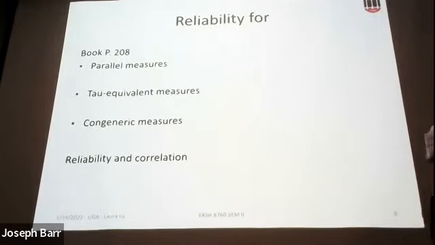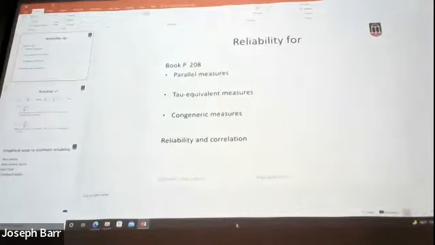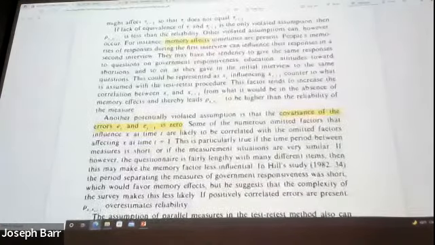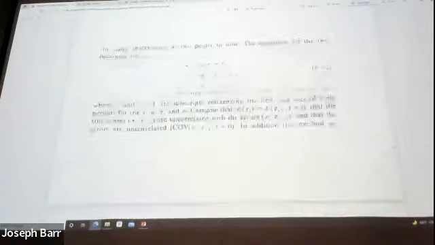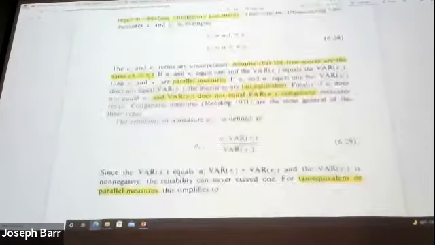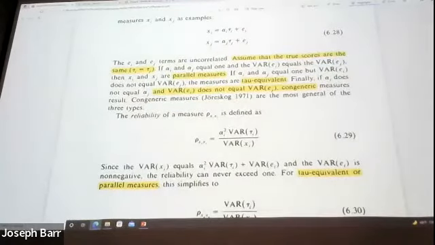Okay, let's look at the reliability again. We have three types of measures, and what's the reliability form for each of them? Going back to the chapter here, these are forms of these measures, X_i and X_j.